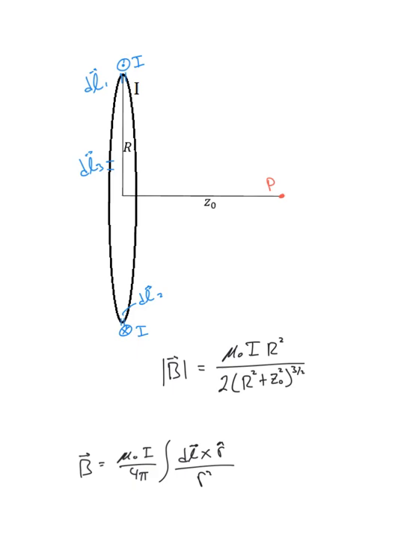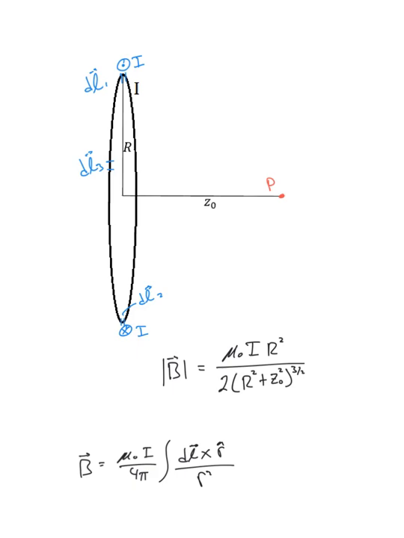At the bottom of the loop, dl2 is pointing into the board because that's the direction that the current is pointing. And when you actually do that integral around the entire loop, you end up with the equation above for the magnetic field magnitude. And if you take the cross product, you'll find the direction as well.